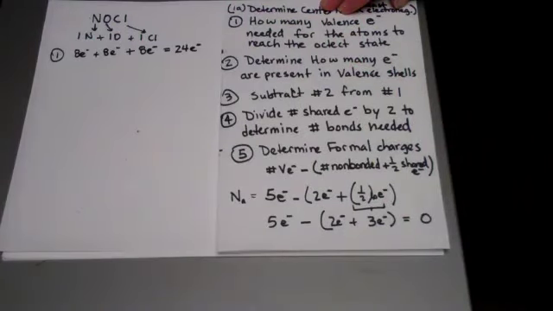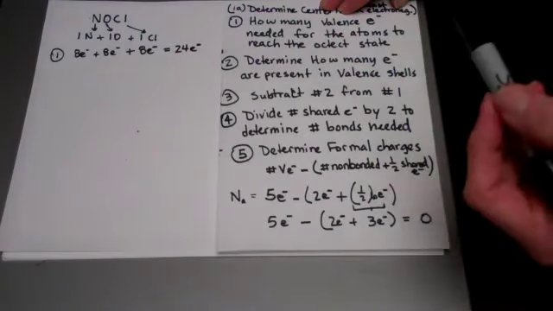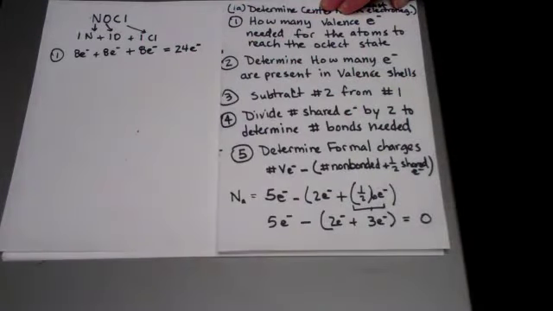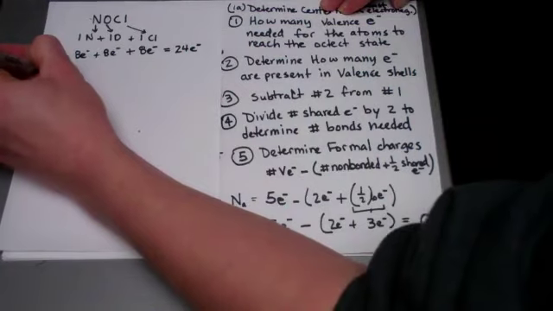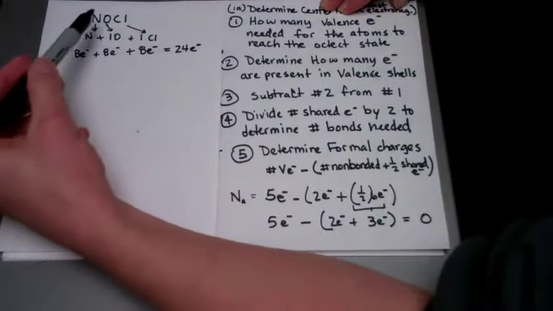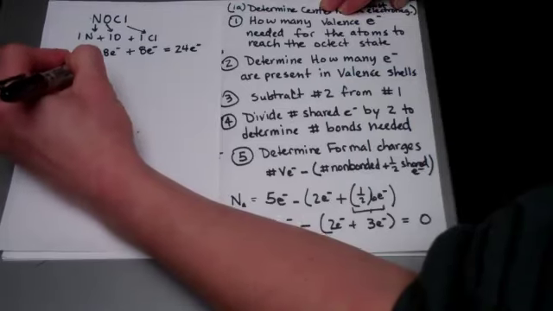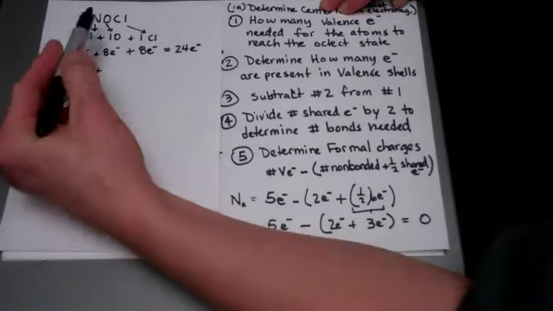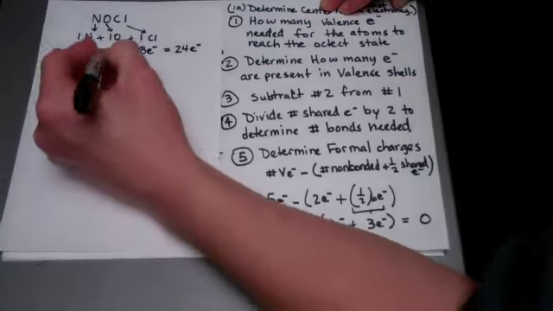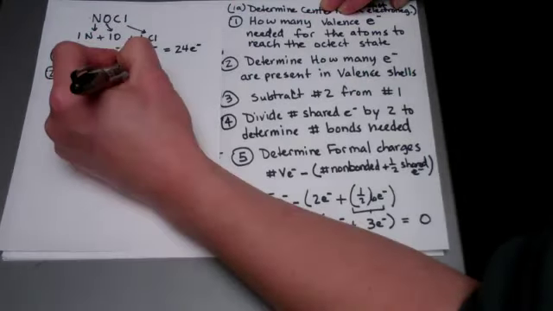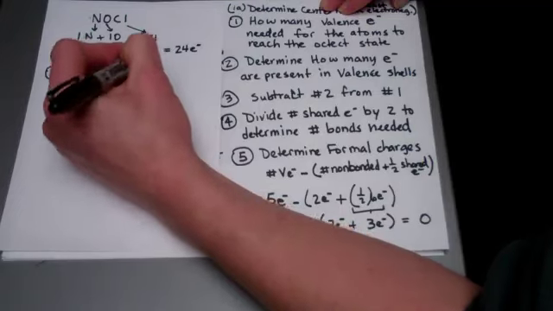Now we need to figure out how many valence electrons are available to reach this 24 electron state that we want. So we know how many valence electrons are in nitrogen. We know nitrogen has 5 electrons. We know oxygen has 6 electrons in its valence shell. And we know that chlorine has 7 electrons in its valence shell.